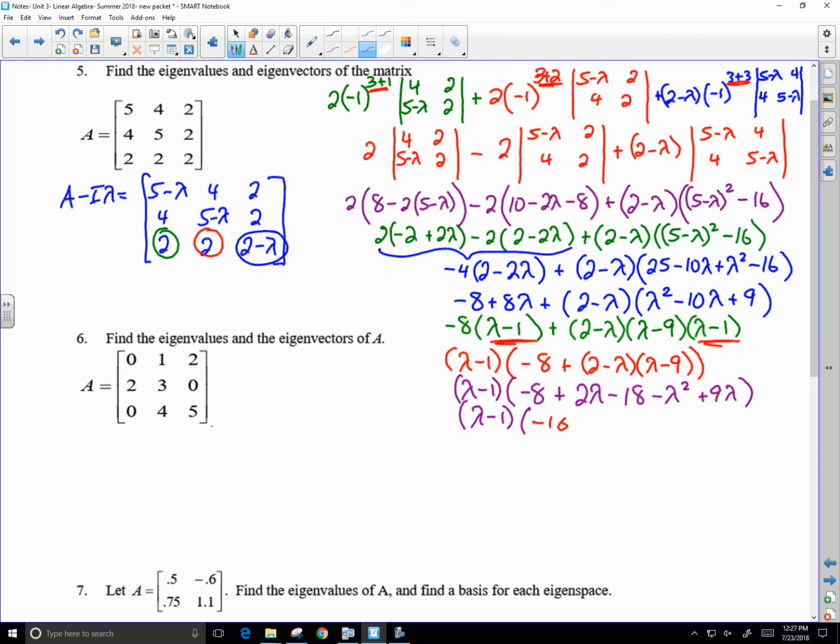Start with the -8. Nope. -26. These two guys. And I got plus 7 lambda minus lambda squared.